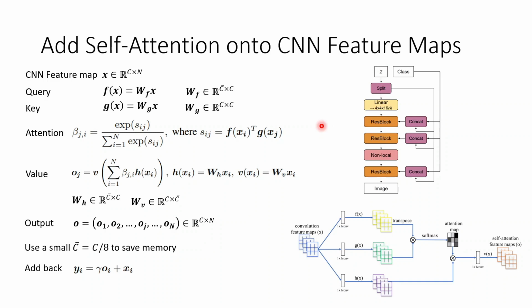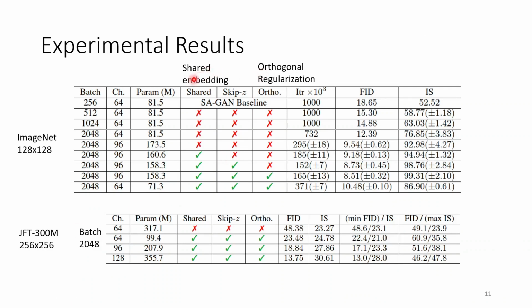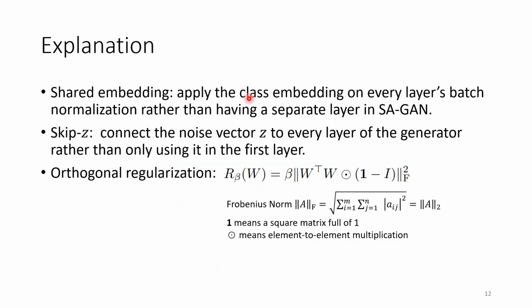So they modify it, inserting the latent variable into every layer, not only the first layer. That is the shared embedding. If they apply the shared embedding, they slightly reduce the number of parameters and improve the FID value.